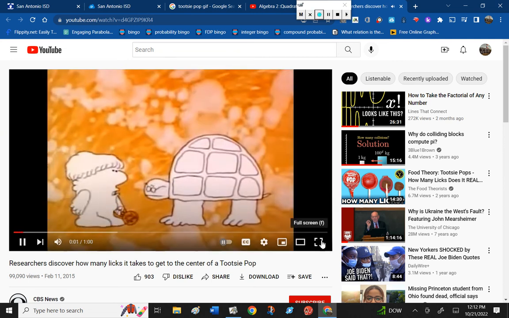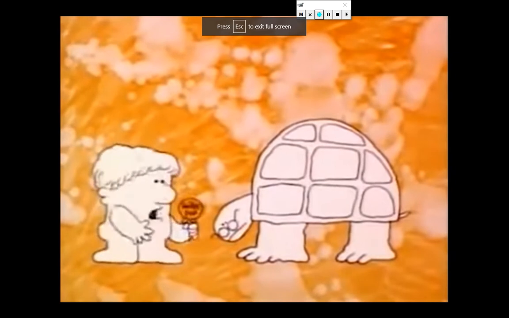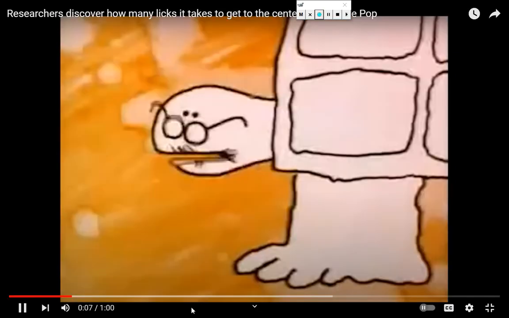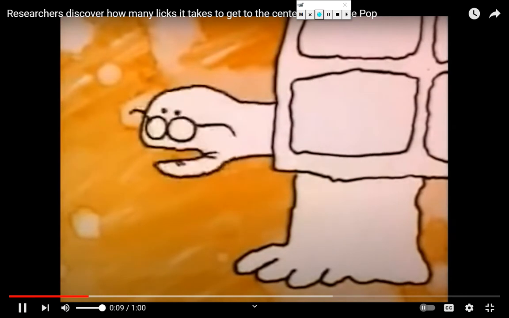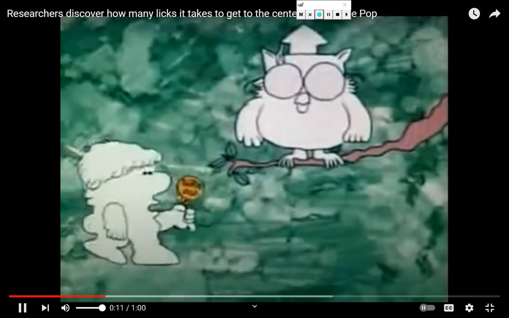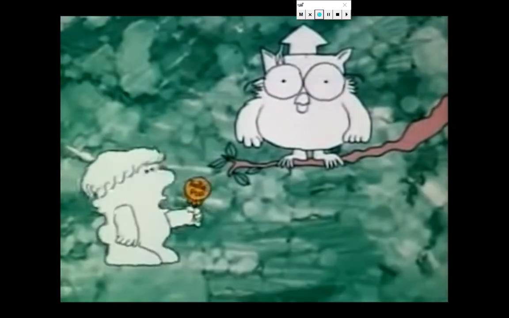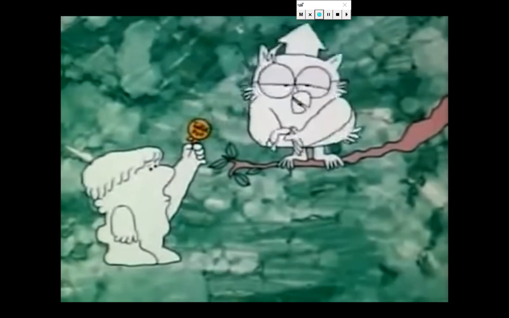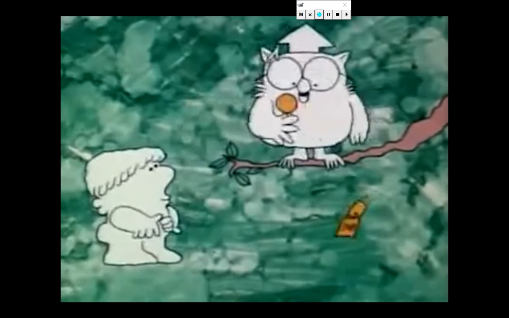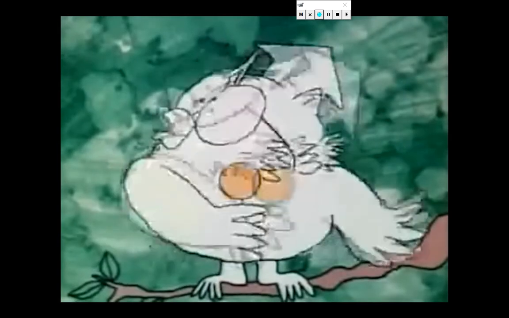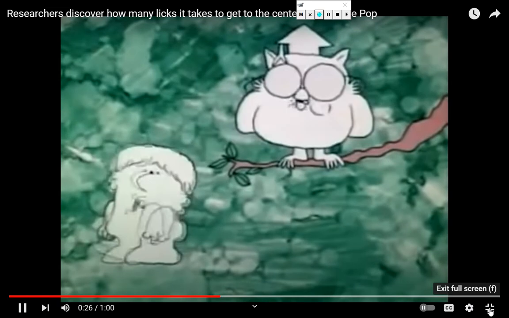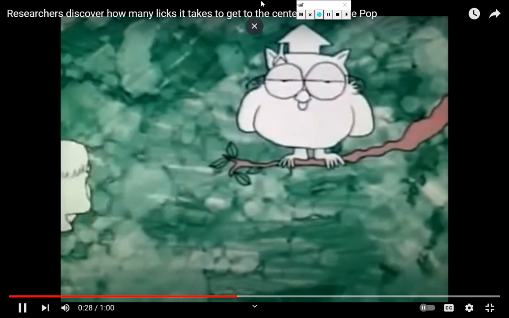Mr. Turtle, how many licks does it take to get to the Tootsie Roll center of a Tootsie Pop? I never made it without biting. Ask Mr. Owl, for he is the wisest of us all. Mr. Owl, how many licks does it take to get to the Tootsie Roll center of a Tootsie Pop? A good question. Let's find out. 1, 2, 3. If there's anything I can't stand, it's a smart owl.